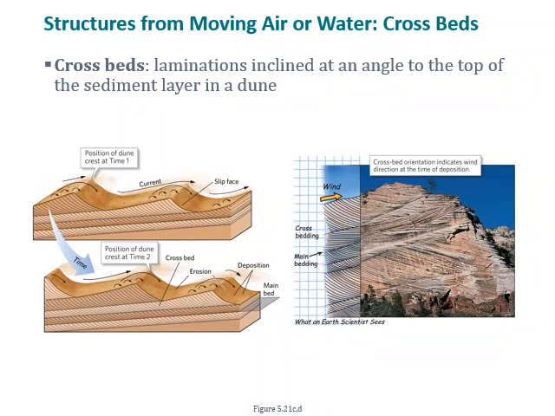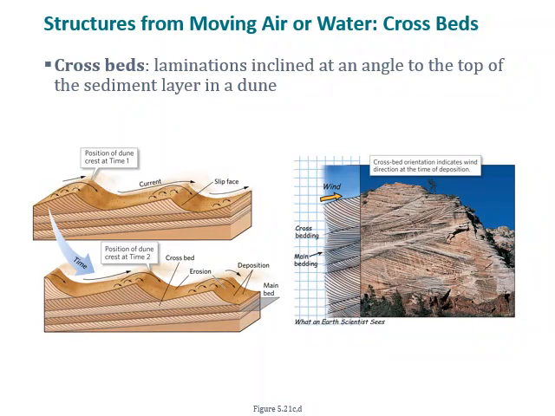Crossbeds are typified by a period of erosion or a planar surface that cuts off the bed and creates a new bed on top of it. So we call this truncation, and we know that this cutting off of the angular depositional features to a more horizontal depositional feature indicates some period of erosion and then new deposition afterwards.